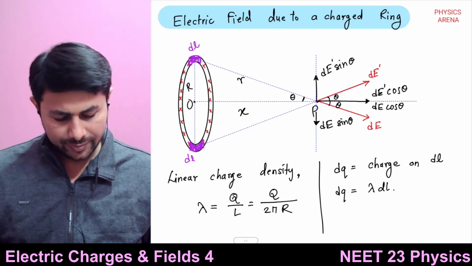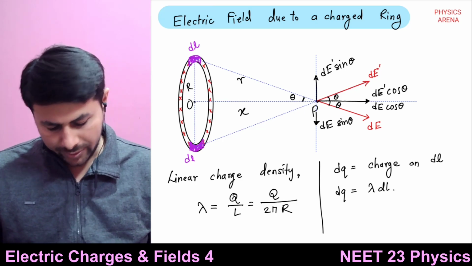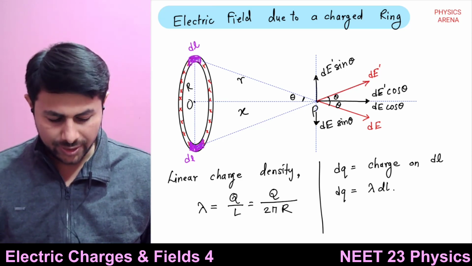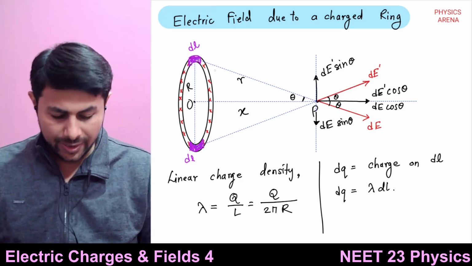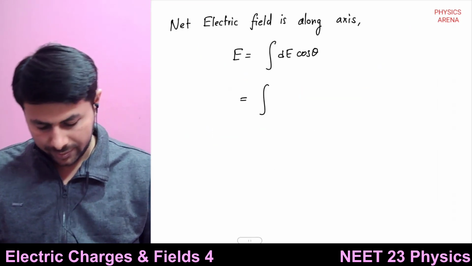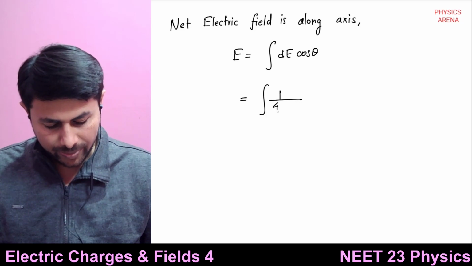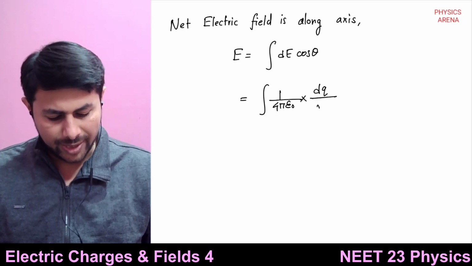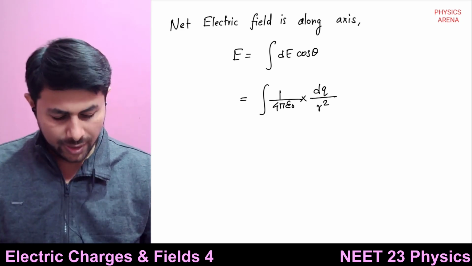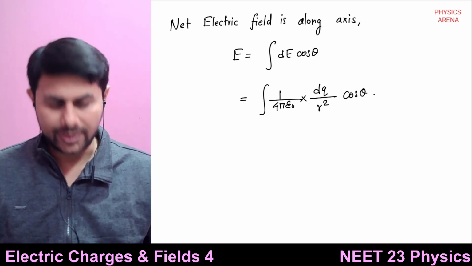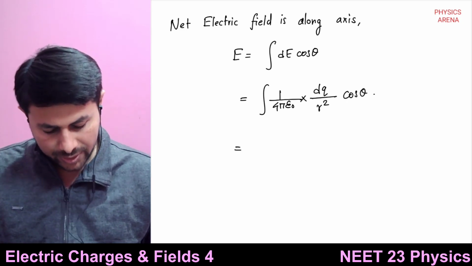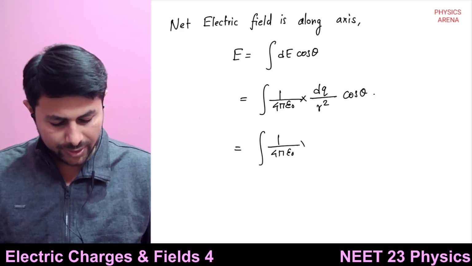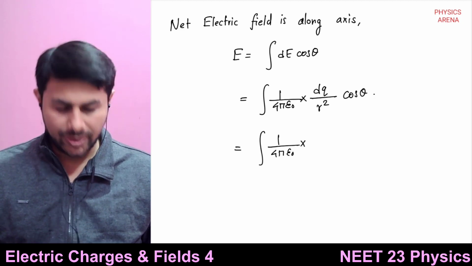Let's write dE. dE is equal to 1 upon 4 pi epsilon naught multiplied by this charge dq divided by this r square. So it's 1 upon 4 pi epsilon naught multiplied by dq divided by r square multiplied by cos theta. So this is equal to the integral of 1 upon 4 pi epsilon naught multiplied by dq.